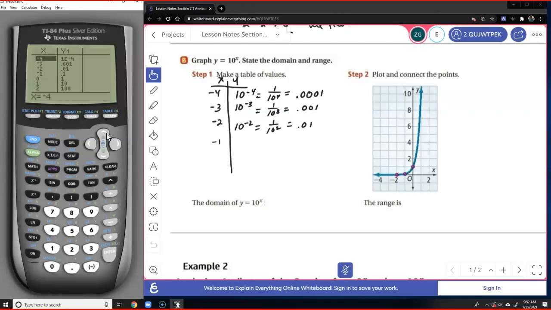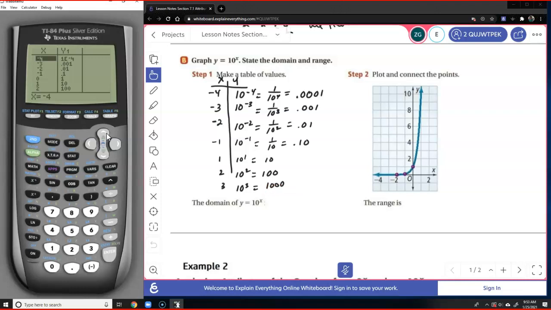And then -1, we have 10 to the -1 power, which is 1 over 10, which is 0.1. 1, we have 10 to the 1st, which is 10. 2, 10 to the 2nd, which is 10 squared, which is 100. 3, we have 10 to the 3rd, which is 1,000.